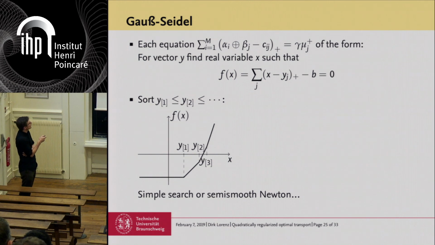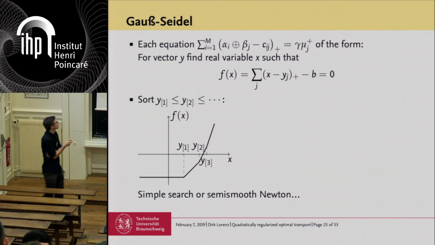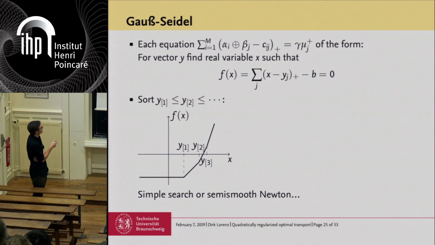And this function is actually very simple. It starts off at some minus b over here, and then at the smallest value of y, it has a kink and proceeds with slope 1. At the second smallest value, at another kink, it proceeds with slope 2, and then it gets slope 3, and so on, and it shoots off to infinity, and you just have to find the root.